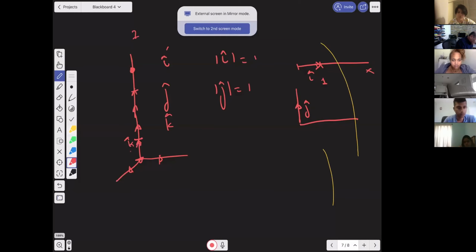So the magnitude of k is also 1 because I choose it in this way. So your question is why you choose the magnitude of I, j and k to be 1. Why you choose? Because I need to measure things.